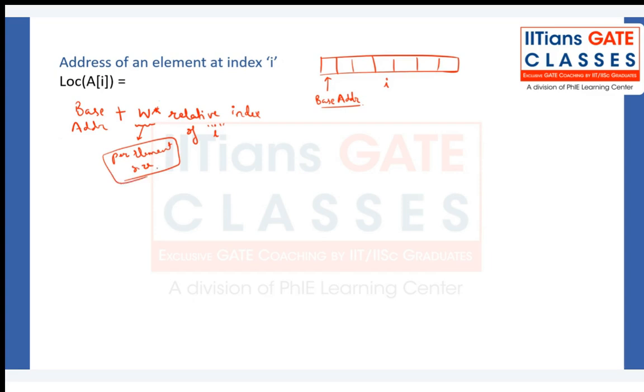And what would your relative index be then? The relative index is the number of elements before the element at I, right?